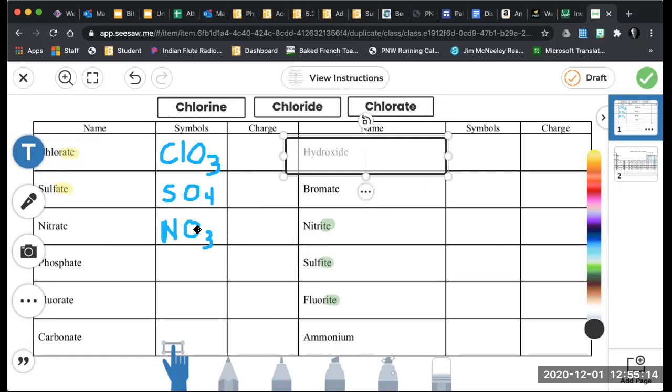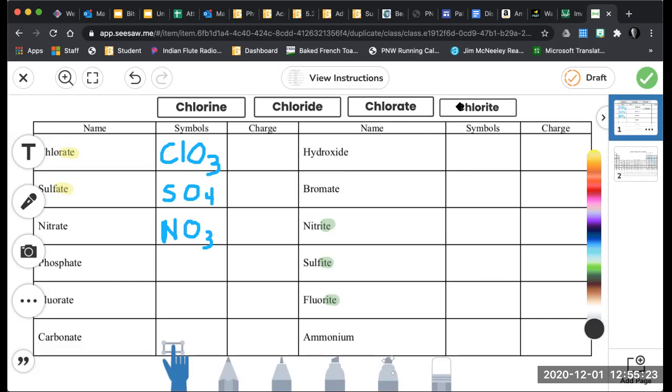And then we also have chlorite. And chlorites, or anything with that ITE ending on it, is going to be one less oxygen. So instead of NO3, I'm going to do green again. It's going to be NO, not 3, one less, so NO2.